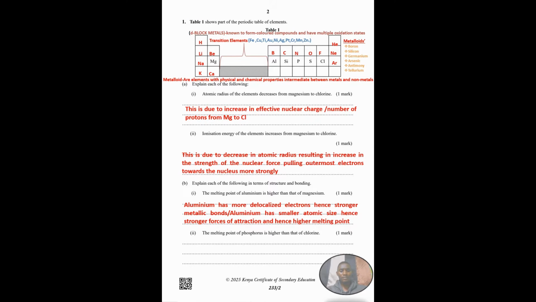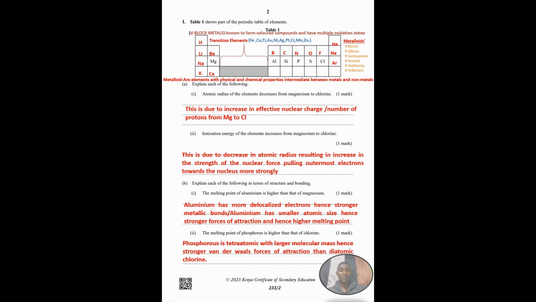And this difference makes the van der Waals forces of attraction in phosphorus a bit stronger than the ones in chlorine, because chlorine is diatomic and phosphorus is tetraatomic.